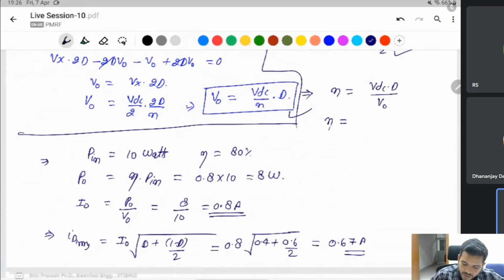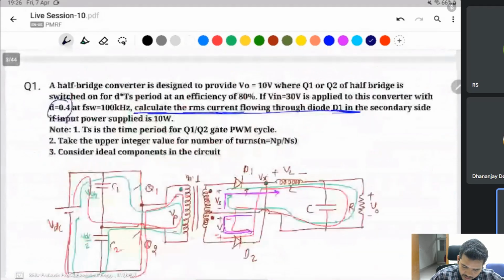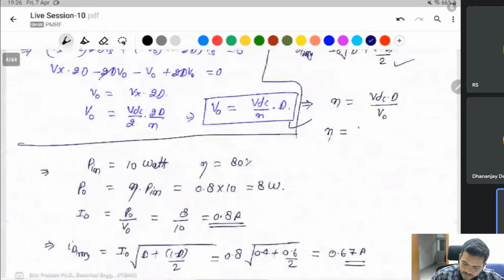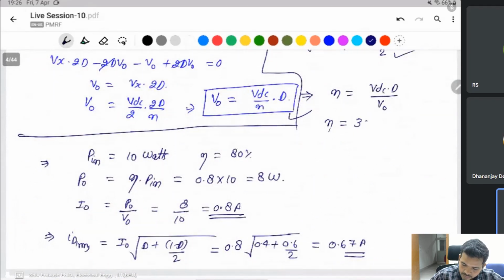VDC is V in, same, 30 volt. Duty ratio is given 0.4. Output voltage is 10. That gives 1.2, and take the maximum integer number, which is 2.